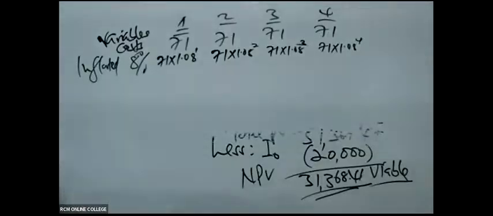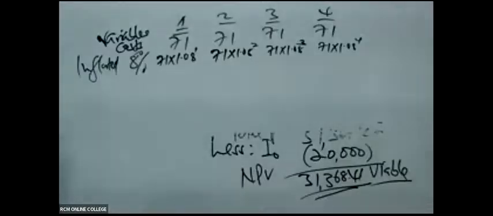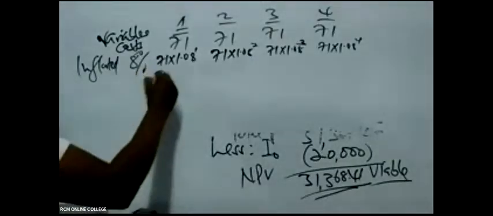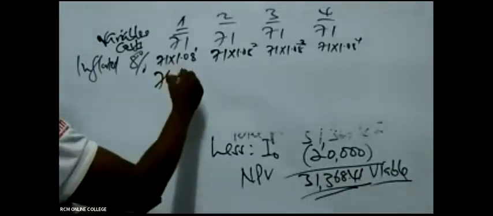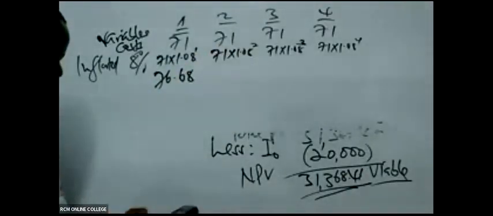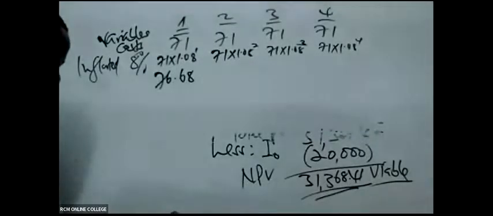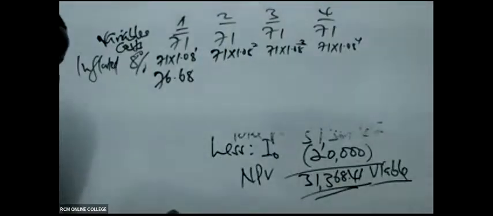So Mercy, Len, I hope that you have been helped here. You just take 71, multiply by 1.08, raised to 1. So this will be 76.68. Then again, 71 times 1.08 raised to 2.